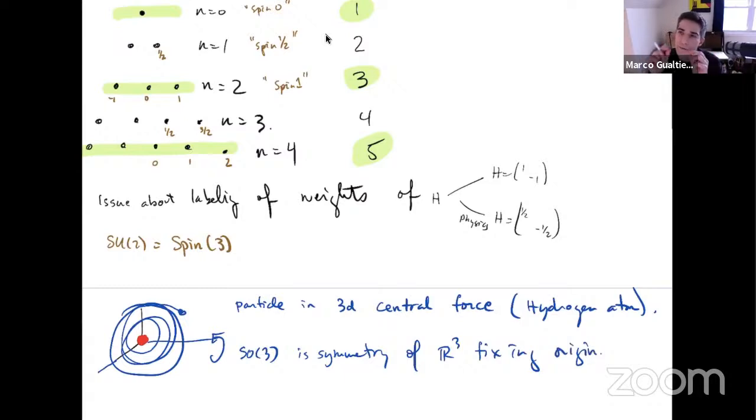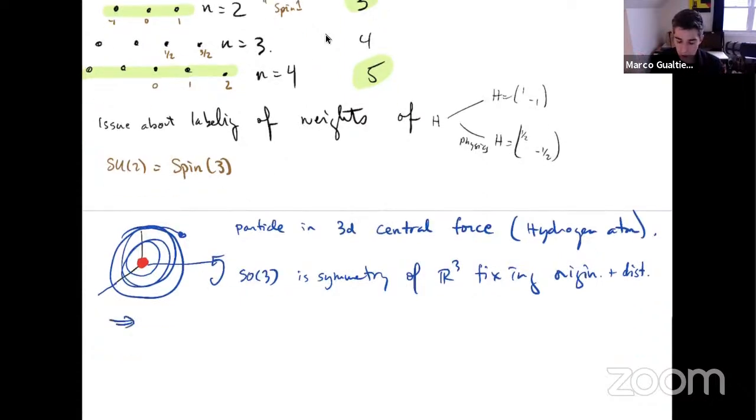And the force will depend on distance, and this thing preserves distance, right? So that means that we should expect that the quantum state space has an SO3 representation.